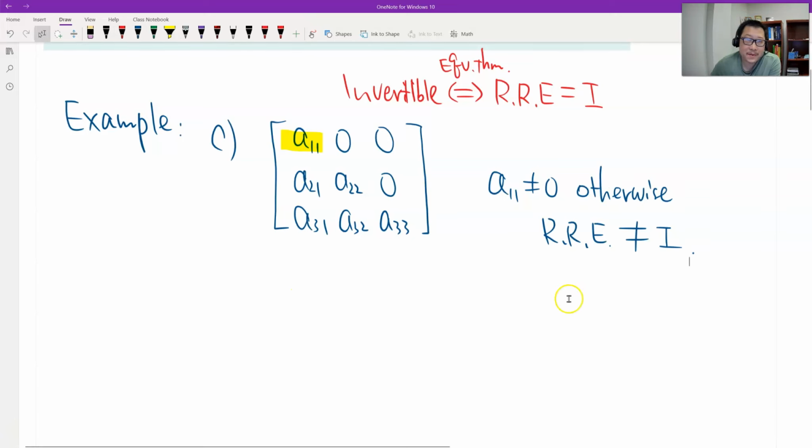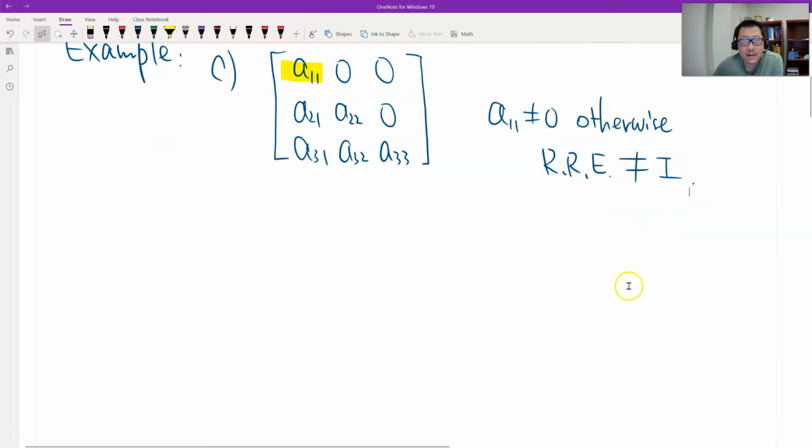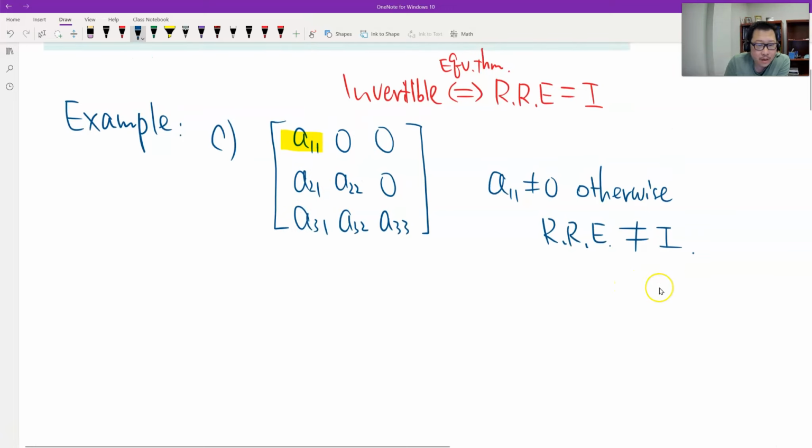And this is the first step. So I know this is not zero, and I want to get the reduced row echelon form. How to do it? I will make these entries 0. That's easy. I do the second type of row operation.